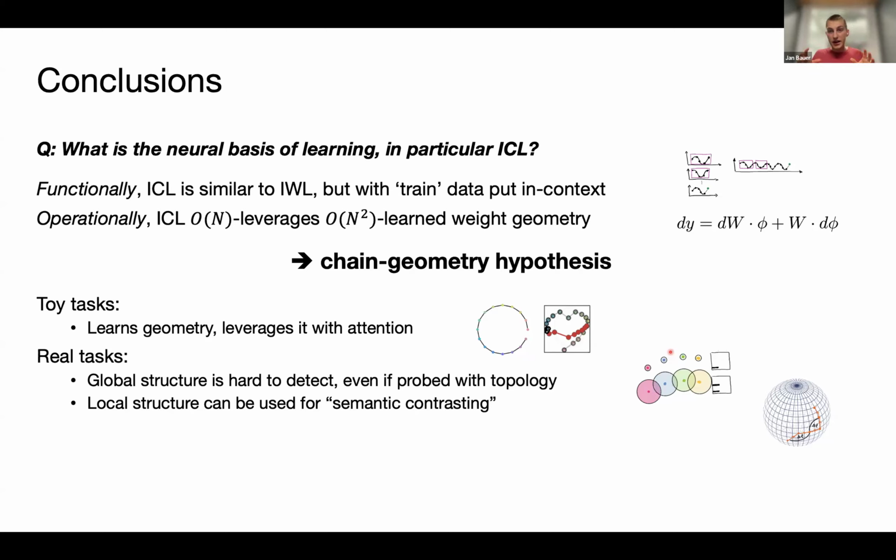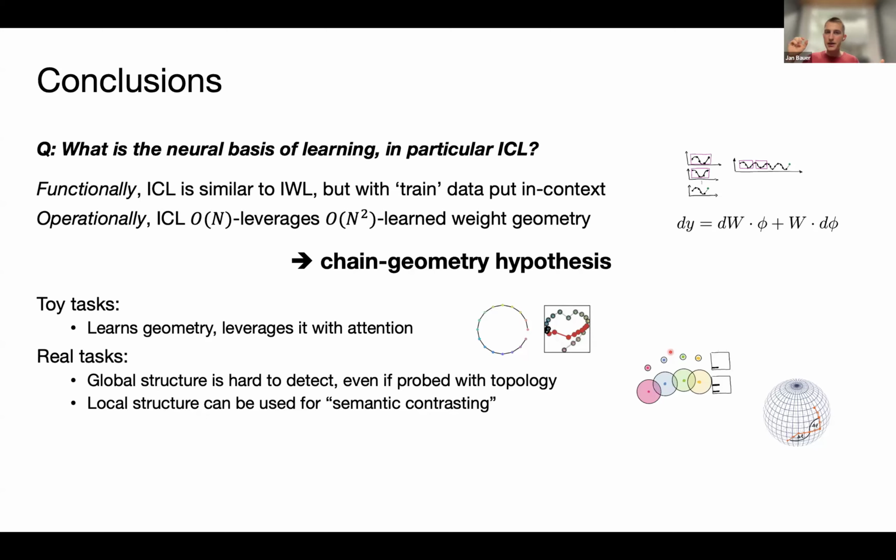However, operationally, there is some difference, because changing the weights is like an order n squared parameter operation, whereas in in-context learning, you can only change the activations and do some gating within your already learned model. And we map this onto this geometric picture by saying, learning the weights sort of establishes your state manifold geometry to work on.